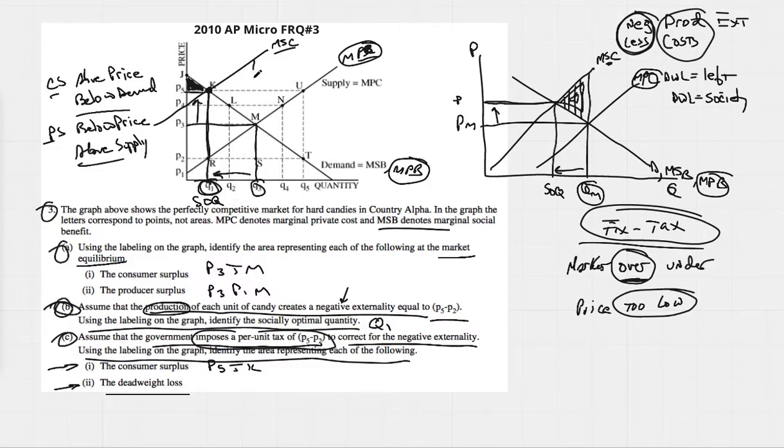Originally this was the deadweight loss when the market was producing this good. As they produce less, look what's happening to our deadweight loss. Remember, all of that triangle would have been deadweight loss. So as we produce less, our deadweight loss gets smaller and smaller until we are at the social optimal quantity, so there's no deadweight loss.